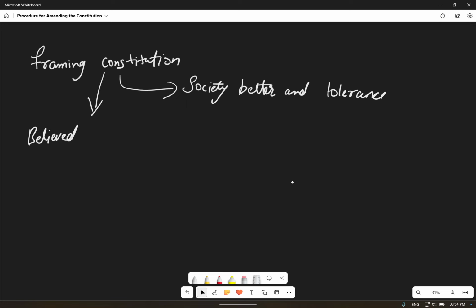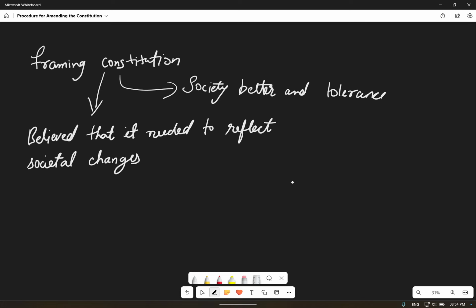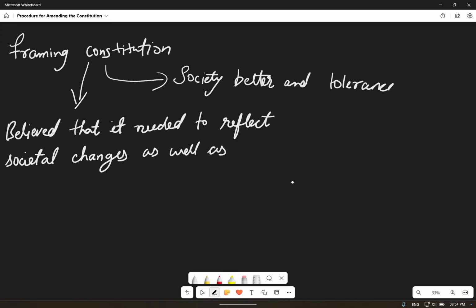So they believed that it needed to reflect societal changes as well as aspirations of the population.